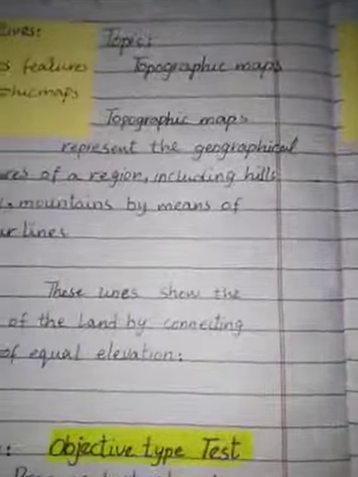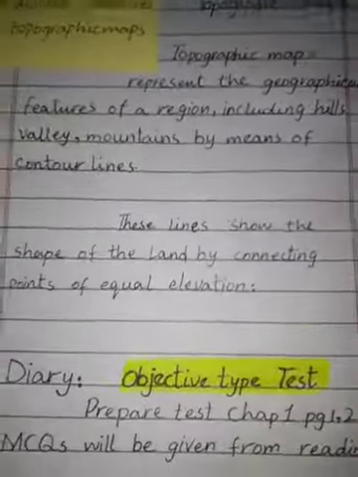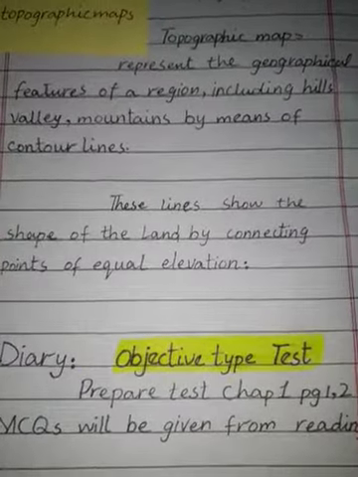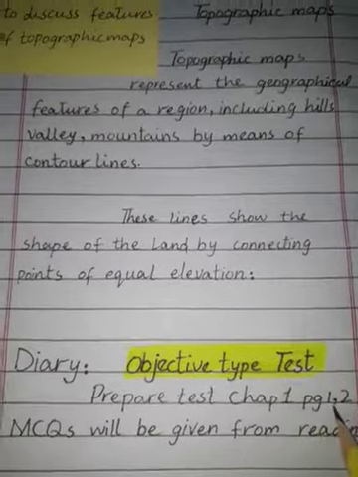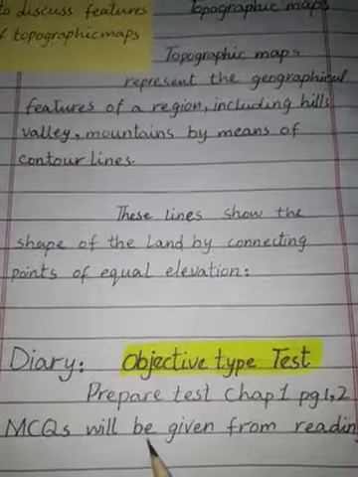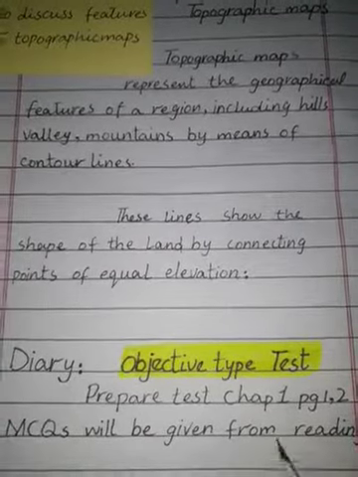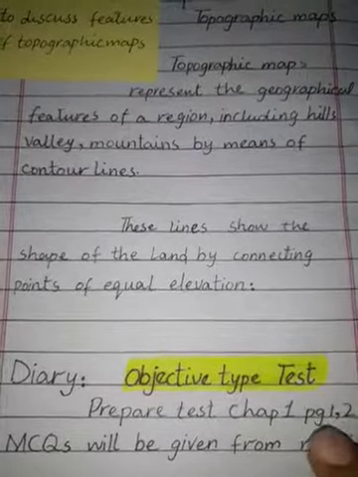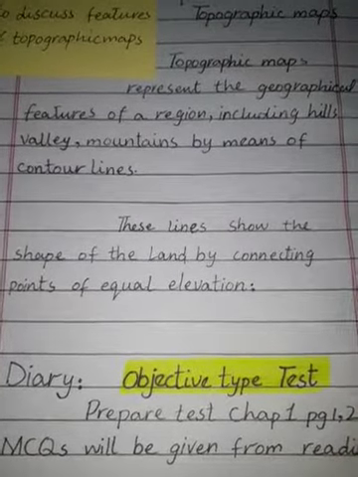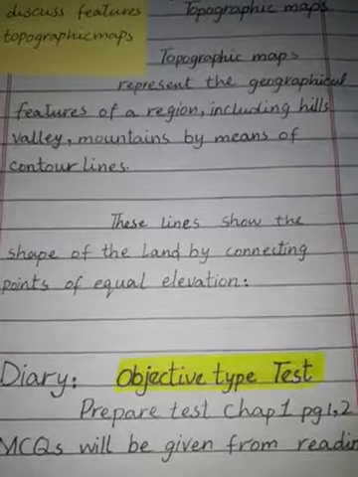So it's the time to take a look at the diary. Today's diary is Prepared Test, chapter number 1, page 1 and 2. MCQs will be given from the reading. Yes, and this test will be considered as an objective type test. MCQs will be given from your reading.